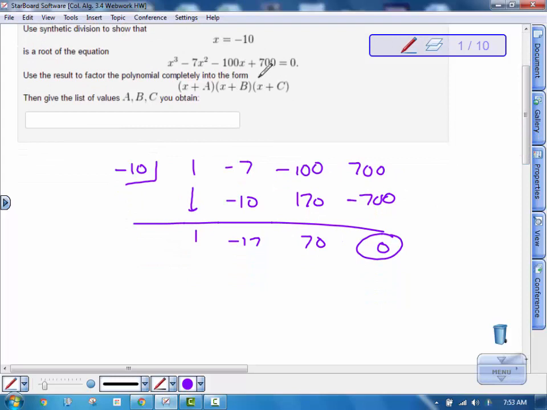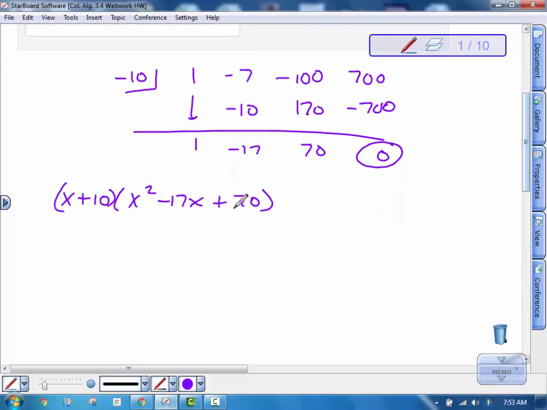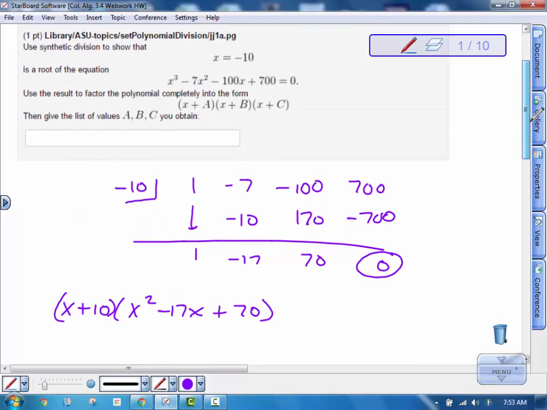So what that means is that the cubic function now has the factor x plus 10. That's the factor if the root is negative 10. And then the other factor is a quadratic, x squared minus 17x plus 70. So this cubic factors into this linear factor and this quadratic. Now I'm going to factor this quadratic or use the quadratic formula to get the other zeros.